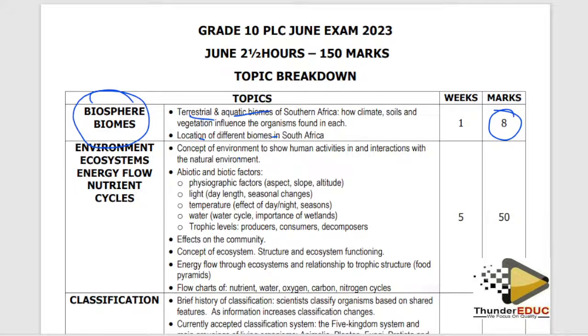Then we have what you call the environment and ecosystem. This one includes the energy flow diagram and nutrients. Here they talk about the concept of human activities and interactions, biotic factors, abiotic factors, and physiographic factors.